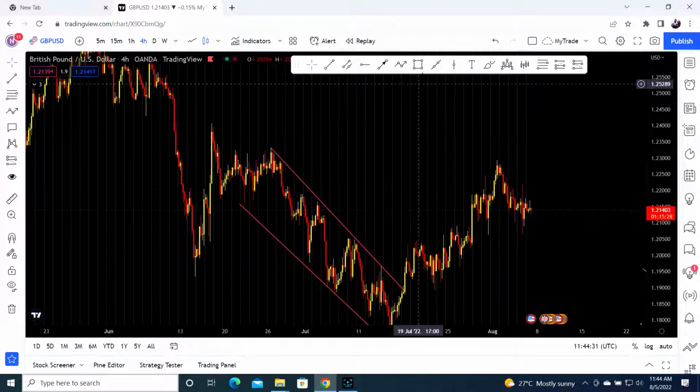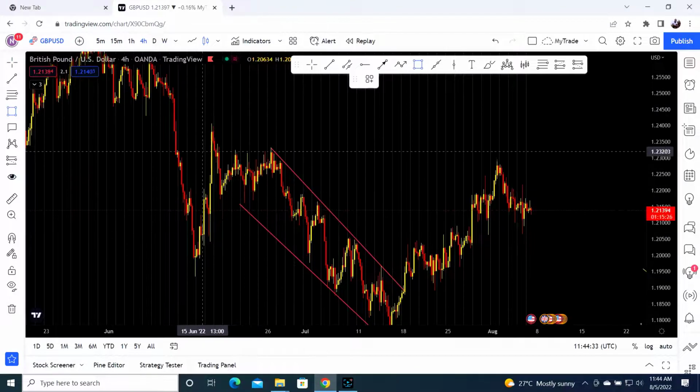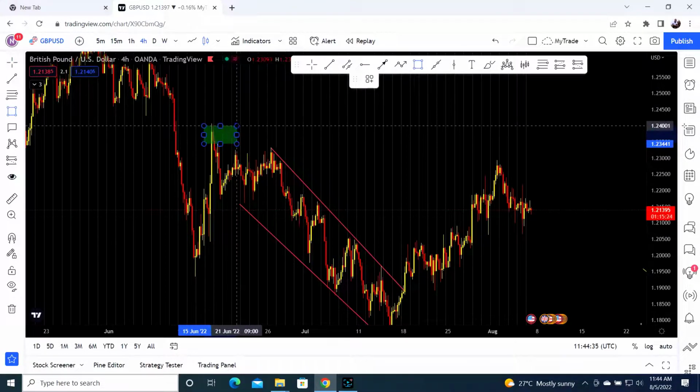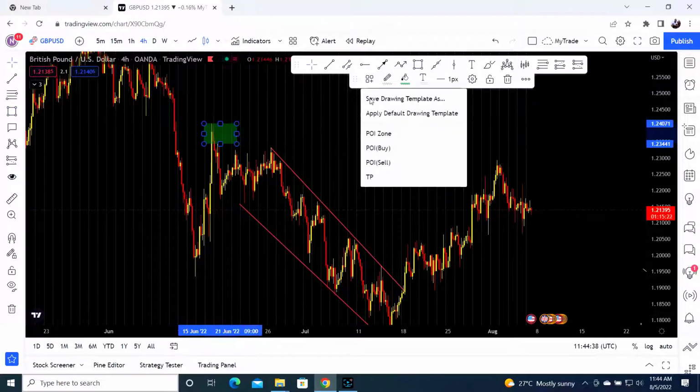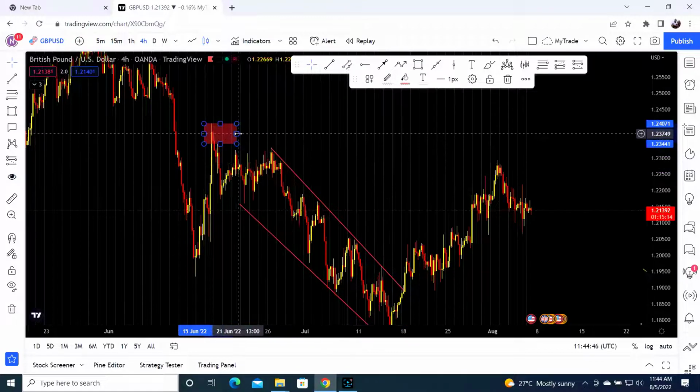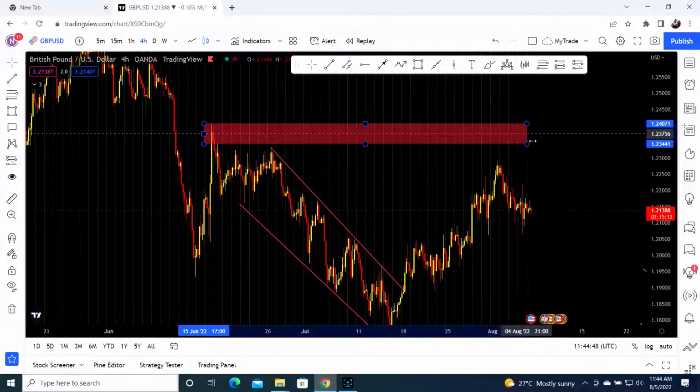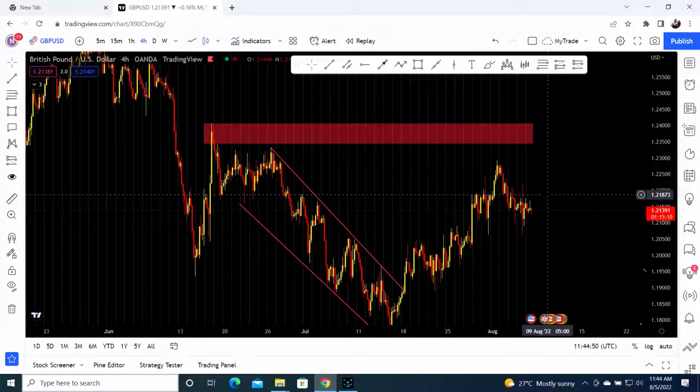Now, when you look at this swing high, that price sold from that end. I have to know that swing high and tell myself that whenever price comes there, I will wait and see. If it will give me an entry, then I will look for confirmations and enter the trade.